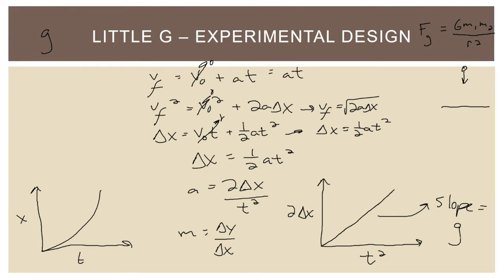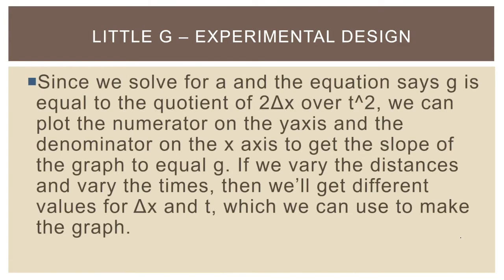So for this problem, essentially what we're trying to say is since we solve for a, and the equation says g is equal to the quotient of 2 times delta x over t squared, we can plot the numerator, 2 times delta x, on the y-axis and the denominator, t squared, on the x-axis to get the slope of the graph equal to g.